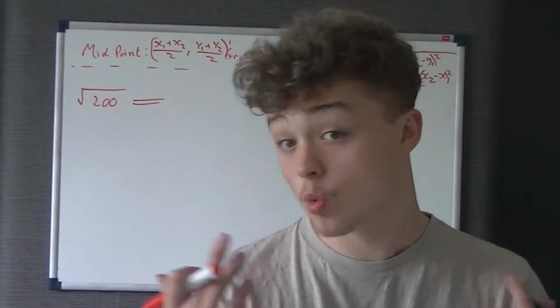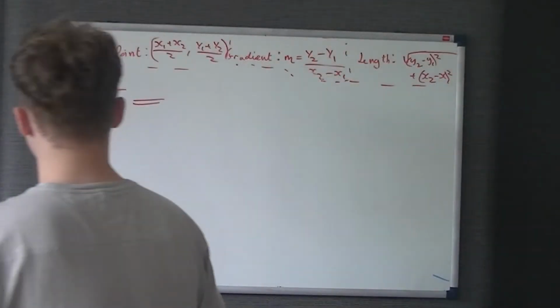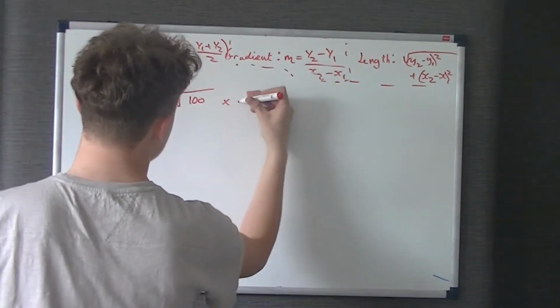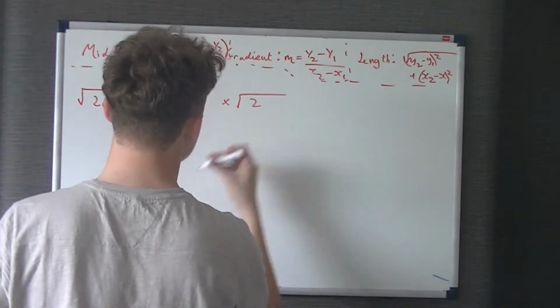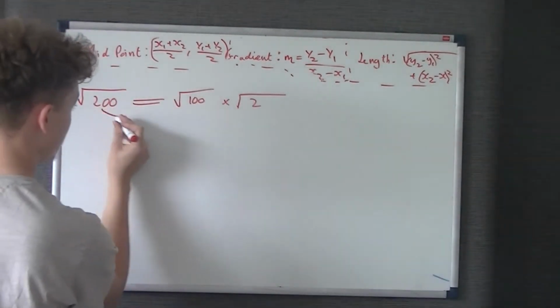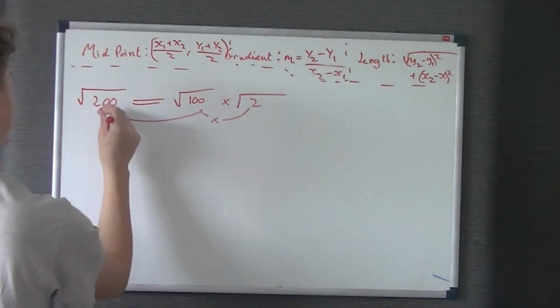Because what we need is a square number and a non-square number. So a square number could be 100. So you'd square root 100 times root 2, because 200 is equal to 2 times 100, and that gives you 200.